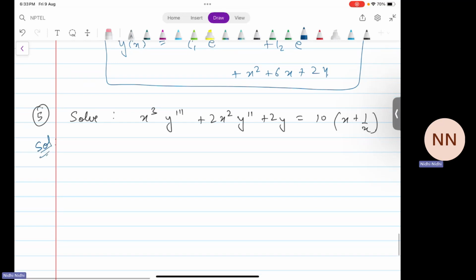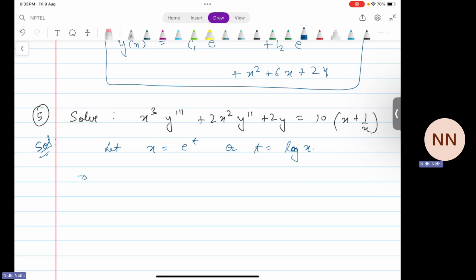Solution. So let's take x to be equal to e to the power t. This gives us t is equal to log x.